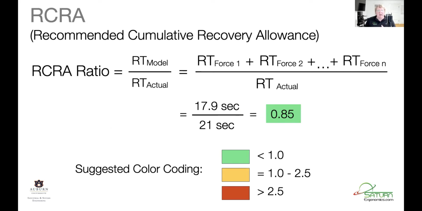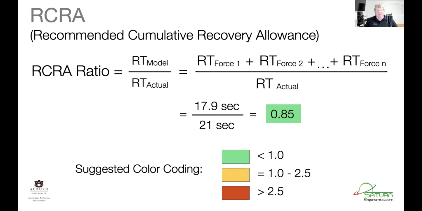We would add those together. That's our model recovery. Then our actual recovery is the time during the cycle when we're not applying force. And the ratio of the model recovery to the actual, if it's less than 1, that means you have sufficient recovery for your muscles to recover and prevent the unacceptable buildup of fatigue, or unacceptable levels of fatigue.